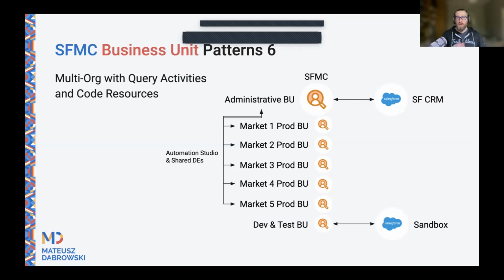But also you are losing a lot of features, because while you can move the data, the AMPscript for working with the CRM production or the Journey Builder activities for the integration will not be there on the child business units. So this is an important caveat of this workaround.